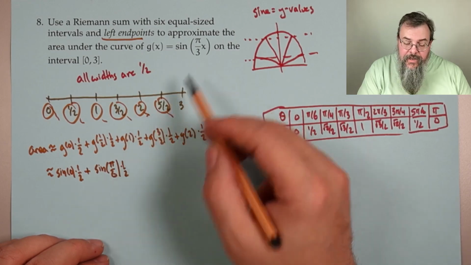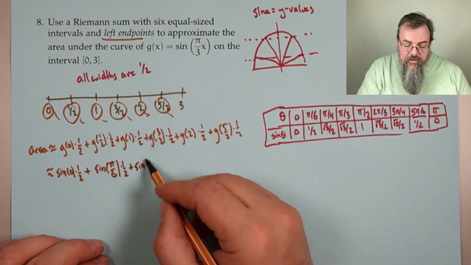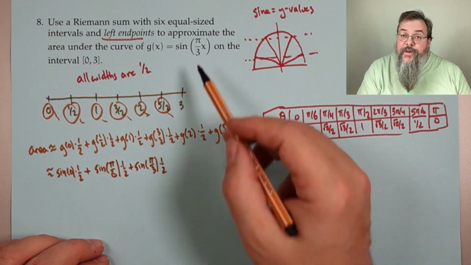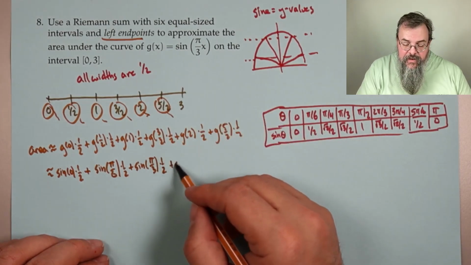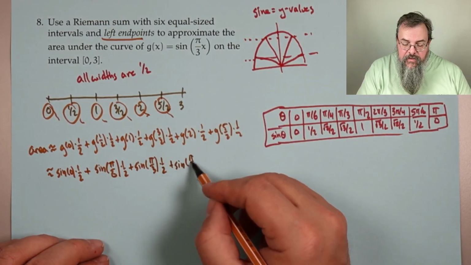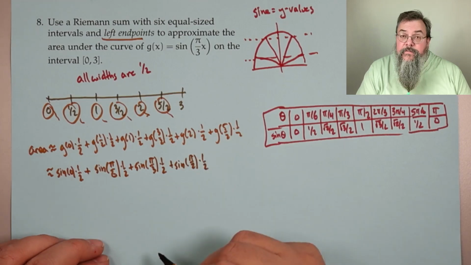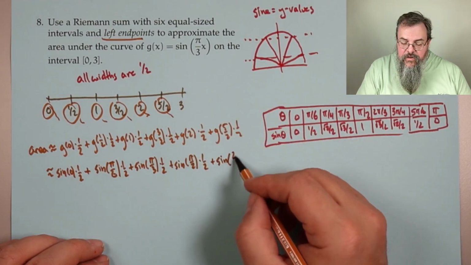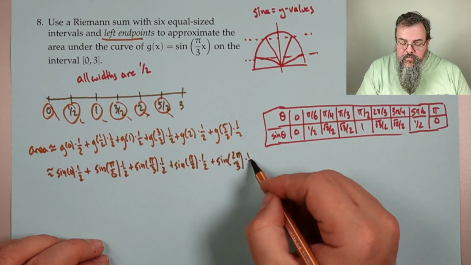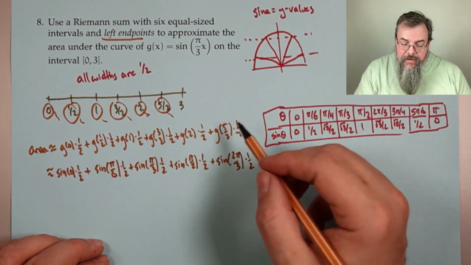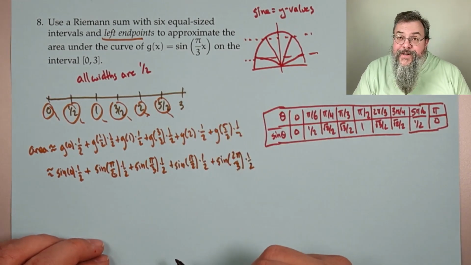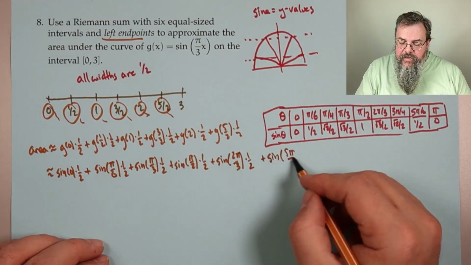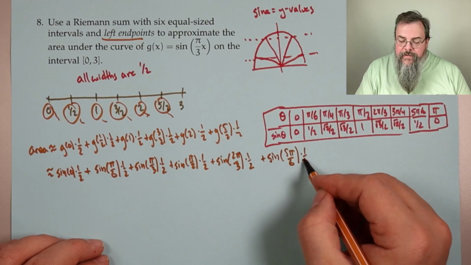Pi thirds times 1 is pi thirds, so sine of pi thirds times a half. Pi thirds times 3/2 is pi halves, so sine of pi halves times 1/2. 2 times pi thirds is sine of 2 pi thirds times a half. 5/2 times pi thirds is 5 pi over 6, times a half.